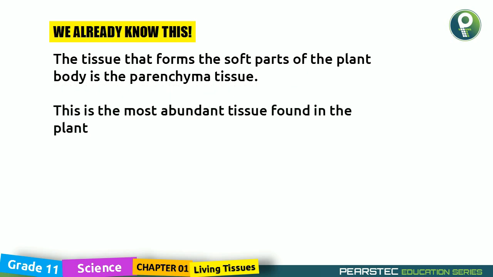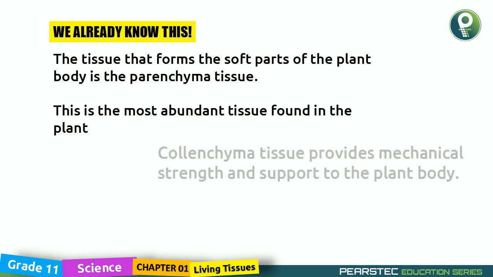This is the most abundant tissue found in the plant. That means you will find parenchyma tissue most abundantly. The other tissues are lesser than the parenchyma tissue.